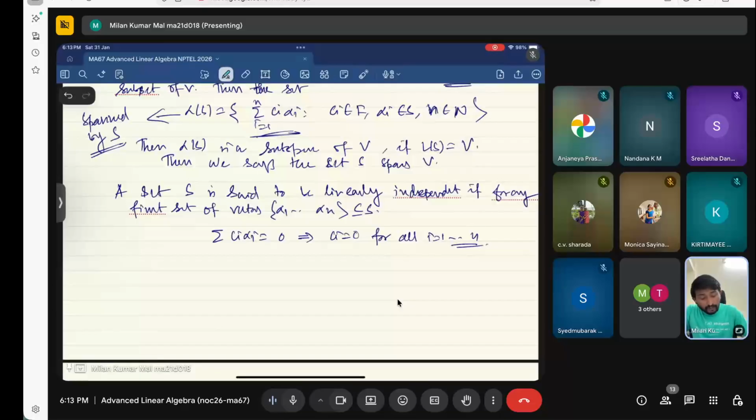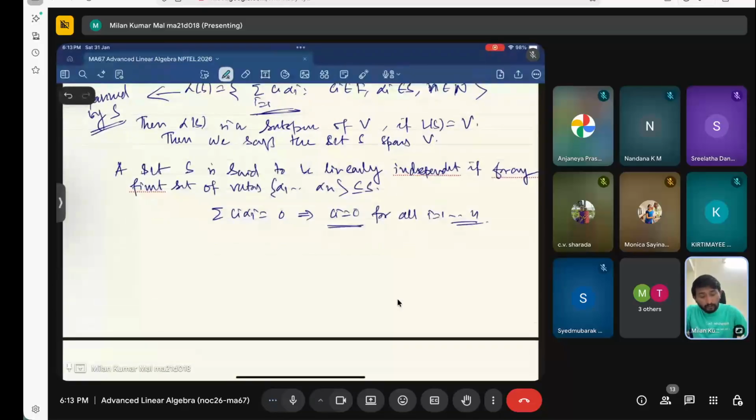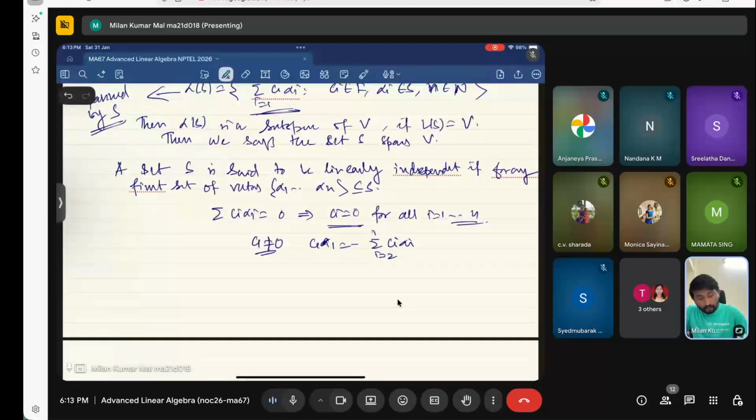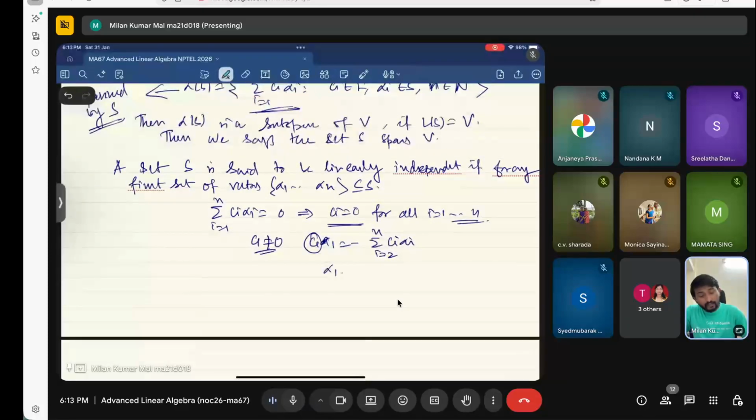Because if some ci is non-zero, suppose C1 is non-zero, for example, then you can write C1 alpha 1 equals minus the summation of Ci alpha i for i equals 2 to n. As C1 is not equal to 0, alpha 1 can be written as minus the summation of Ci by C1 alpha i.